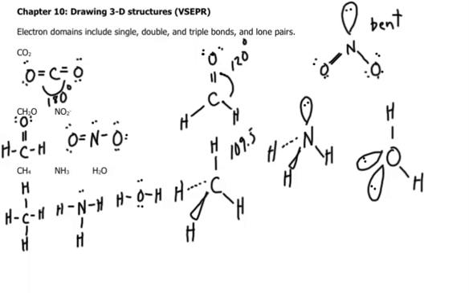Now here, again, the electron geometry is tetrahedral, but now if you ignore these lone pairs, notice that the molecular geometry is bent again. Okay? So the molecular geometry is bent, but the electron geometry is tetrahedral.